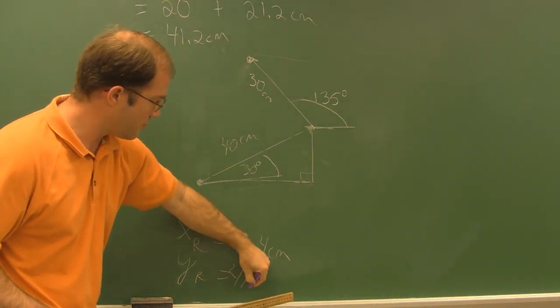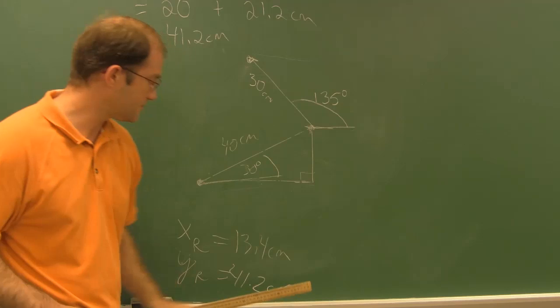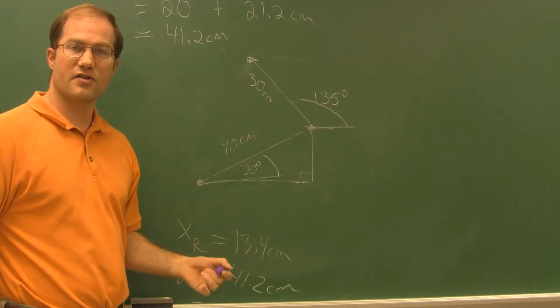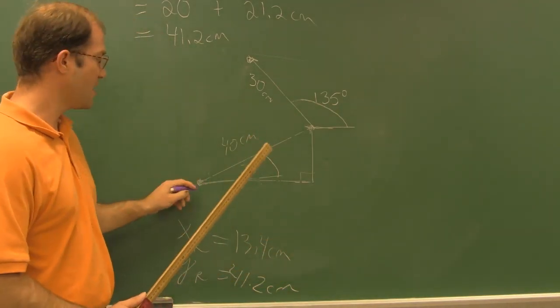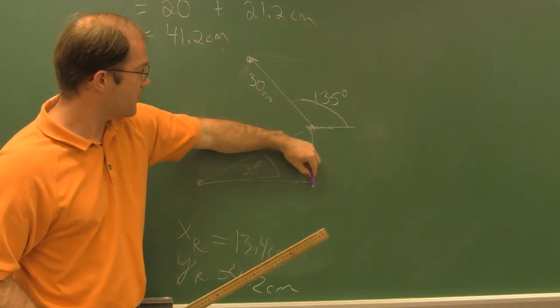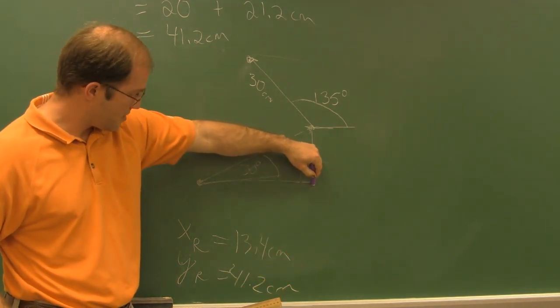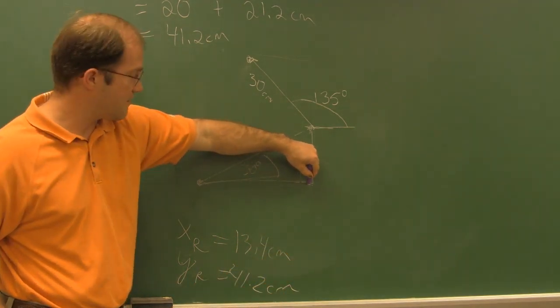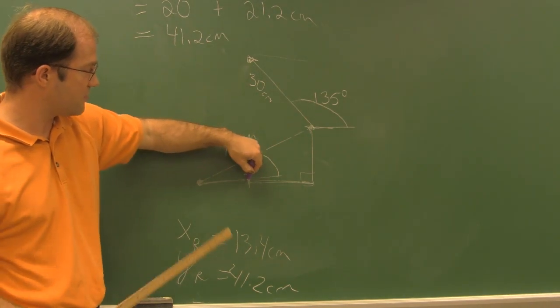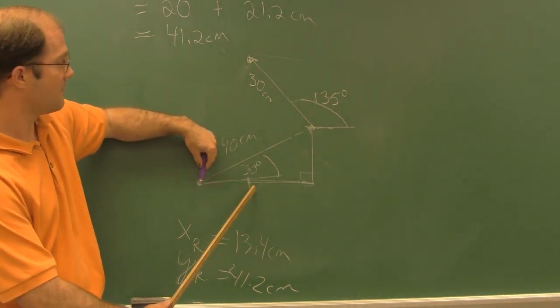So 41.2 centimeters. And so now we've determined our total horizontal by going over 34.6, and then back 21.2. So our total horizontal is 13.4.